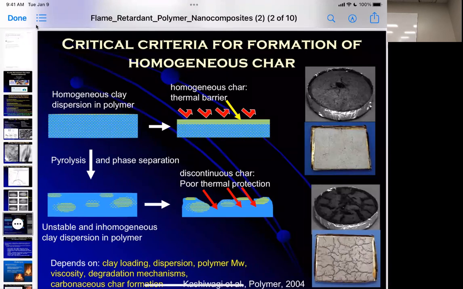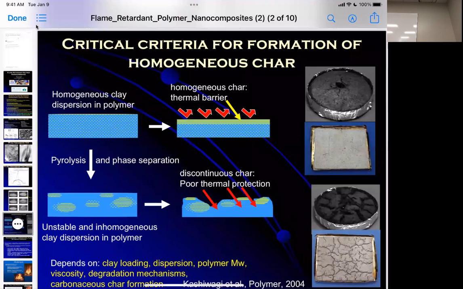And so you actually see on these two here, they're fairly smooth surfaces after the combustion test. And the round ones are just a flame top. These are actually the same samples that you would use in the cone calorimetry test. You use these 10 centimeter by 10 centimeter by 1 centimeter samples.